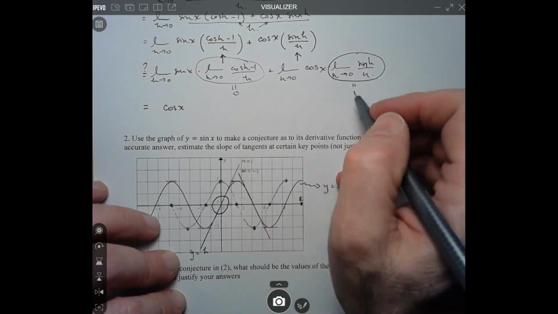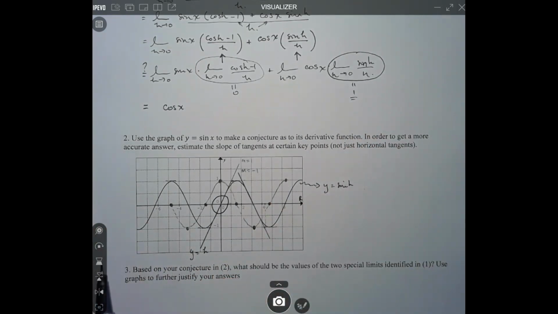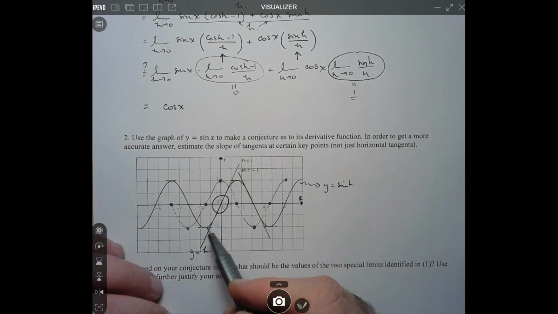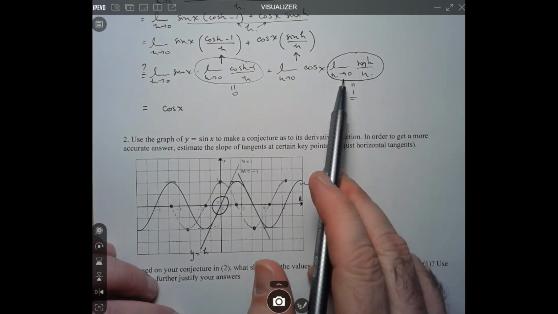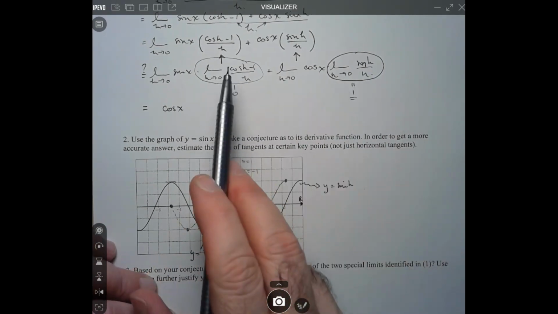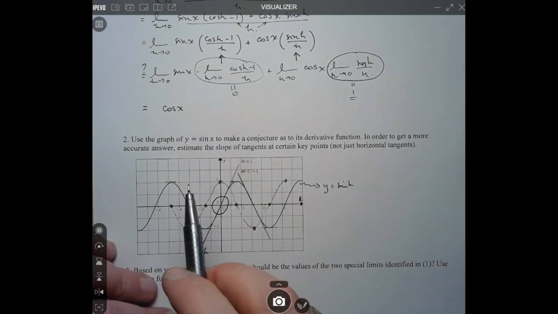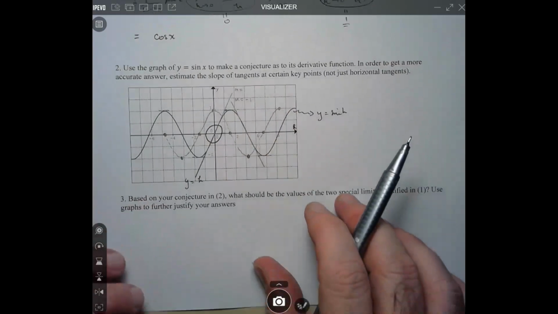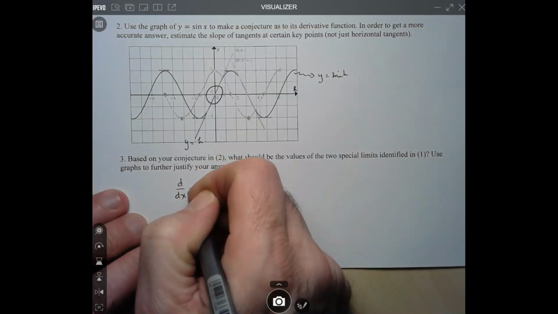So it makes sense that the limit should actually be equal to 1. Okay? So while this is not a proof, it is a pretty good geometric justification that this limit should be equal to 1. I'll ask you to check Desmos for this limit here to see if you can make sense why that should be equal to 0. And that then confirms that the derivative of sine x is equal to cos x.